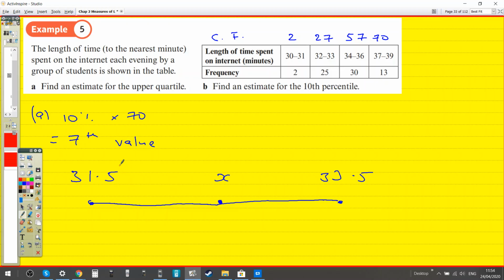Which kid number spent 31.5? Probably number 2 or number 3. Number 3 is correct. How about 33.5? I'm guessing 27. Okay. So it's just up to that one. And this was the 10th percentile.